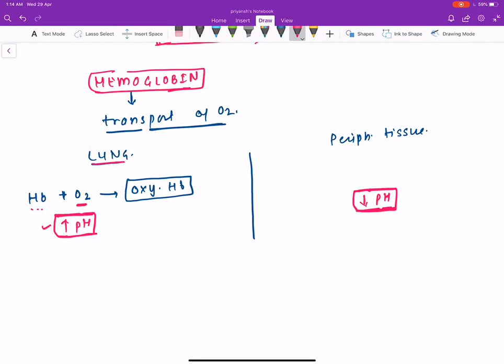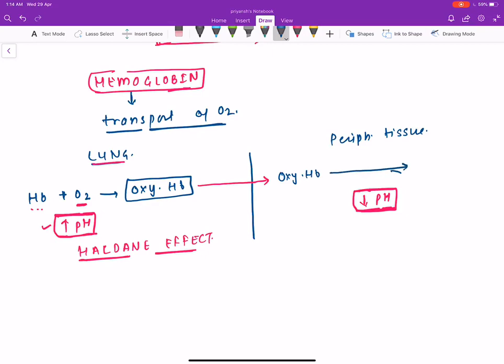This effect is written in the physiology books as the Haldane effect. So what is the Haldane effect? The oxygen is able to attach to the hemoglobin in the lung because of the increase in pH. Now this oxygenated hemoglobin will reach the peripheral tissue via the blood, but in the peripheral tissue the pH is less.